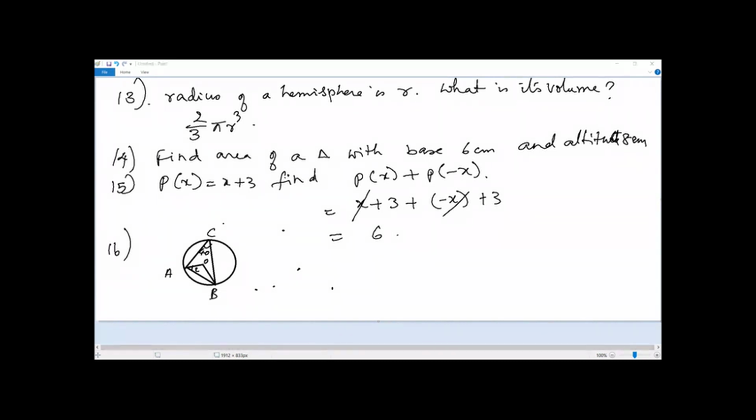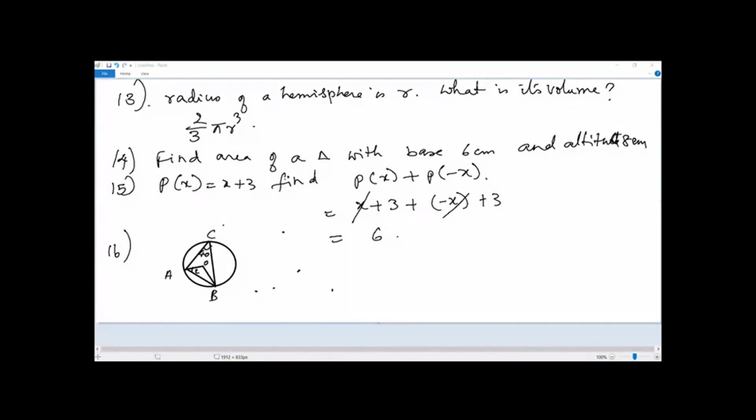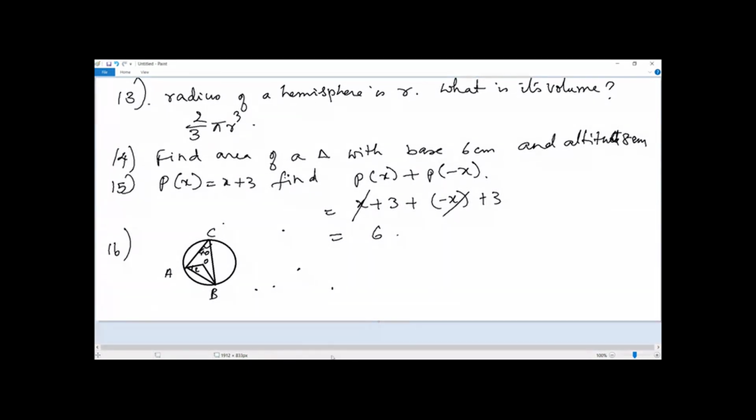Now who has to answer? Sahana? Yes, ma'am. You have to answer. What is the value of x? X is this one. Can you see my screen? Yes, ma'am. 50, ma'am.